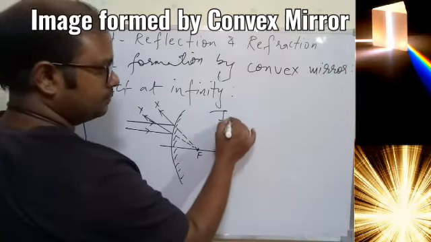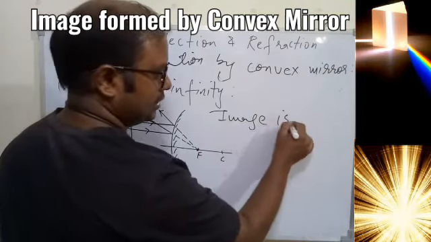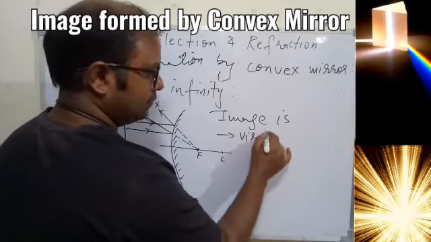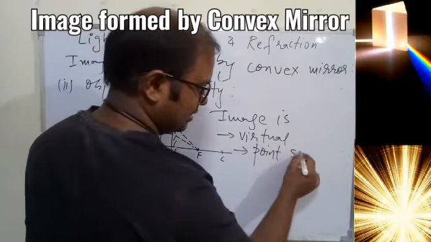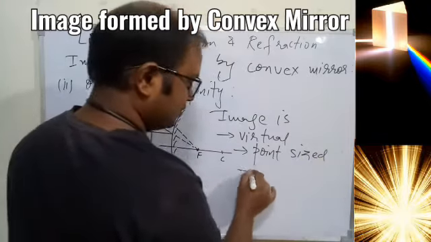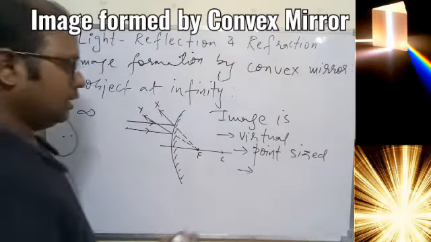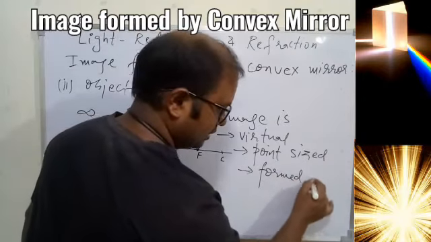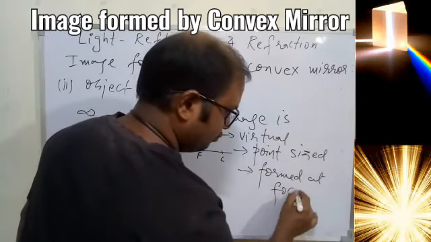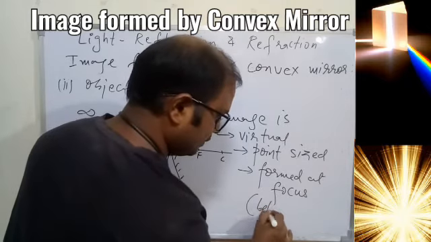So we can say the image is virtual, again point size, very small in size, and formed at the focus, but behind the mirror. Okay.